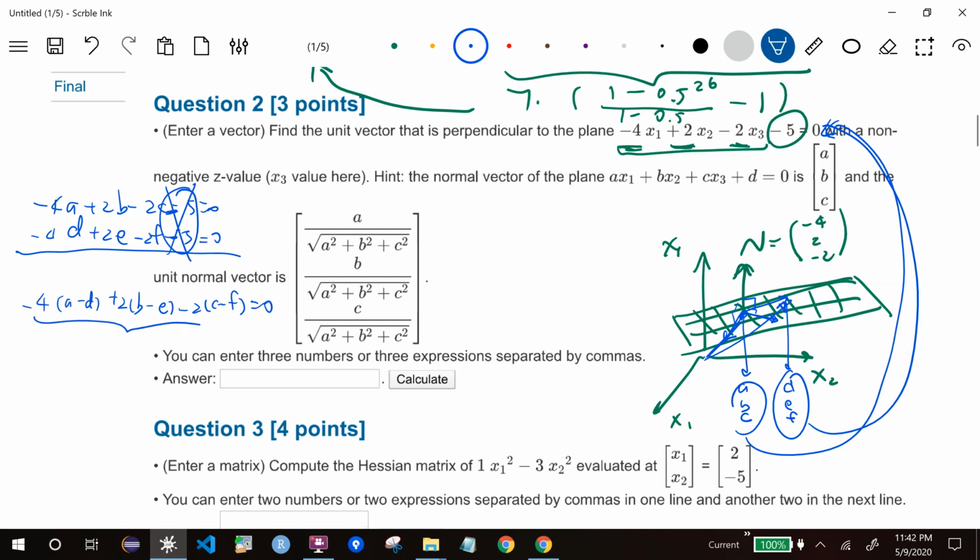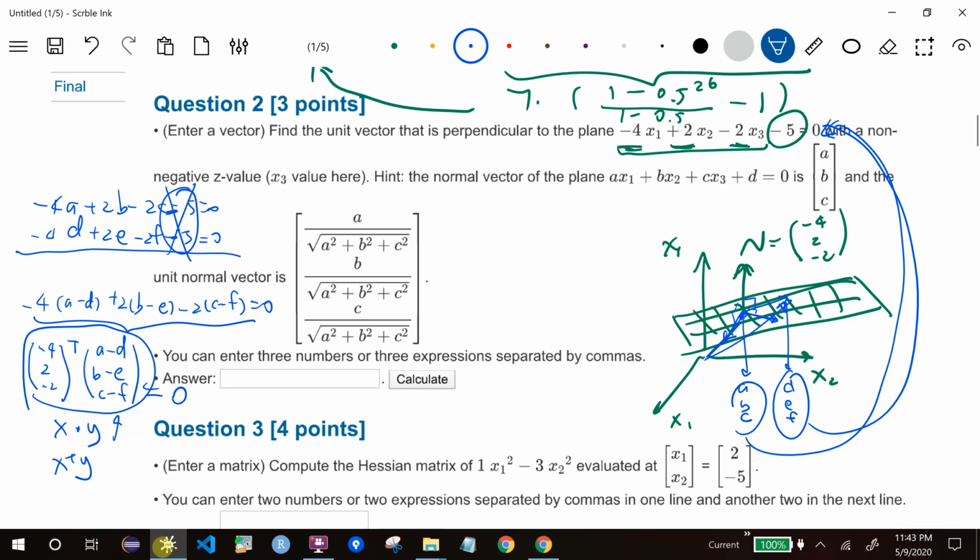So this expression is just a dot product between minus 4, 2, minus 2 transposed and a minus d, b minus e, c minus f. When I say dot product, x dot y is just x transpose y, so they are basically the same thing. And their dot product will be 0.